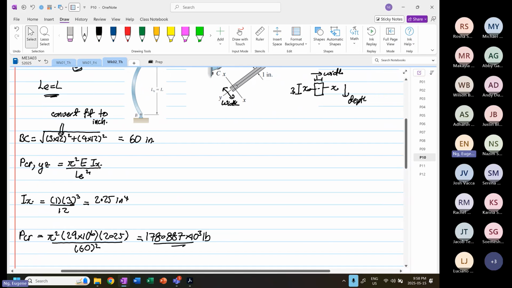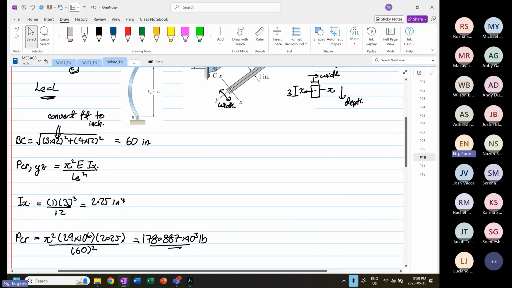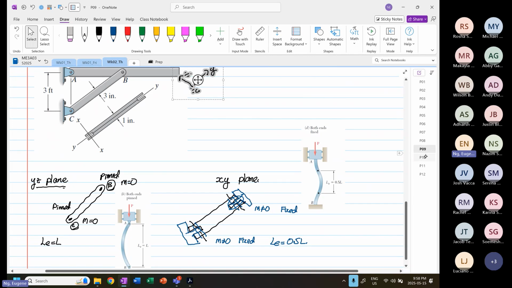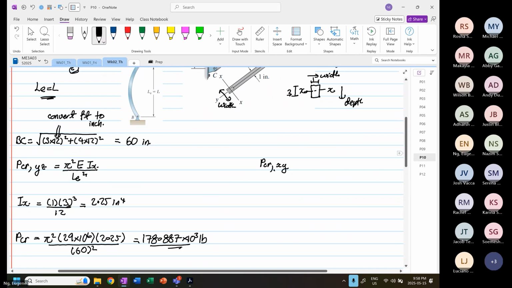And I'm going to do the other axis also. So the other side is PCR, and the plane is the XY plane. This will be equal to pi squared E Iz divided by our equivalent length squared.